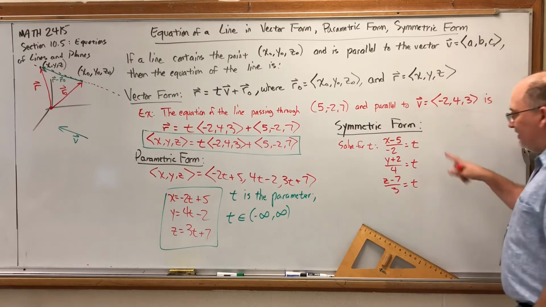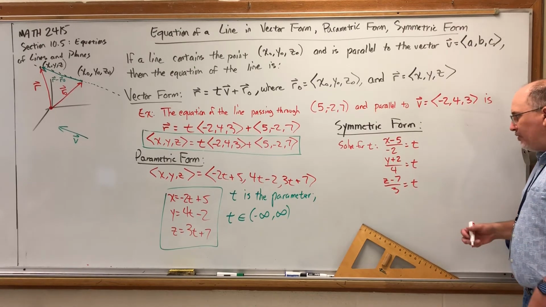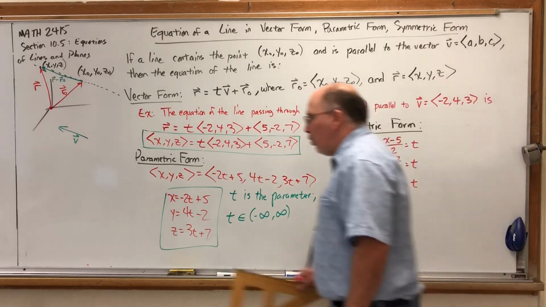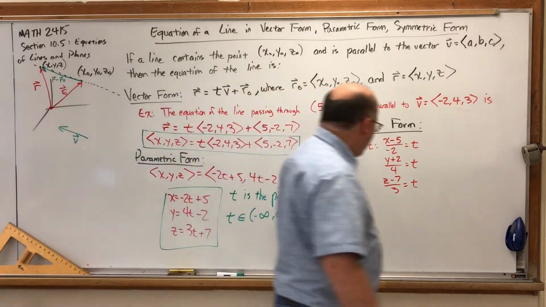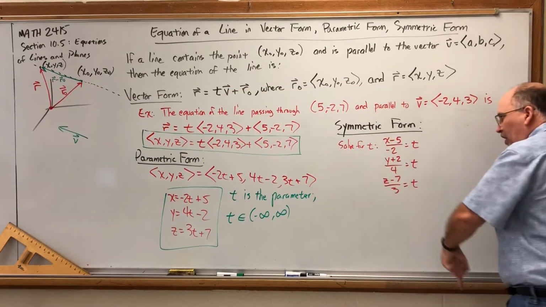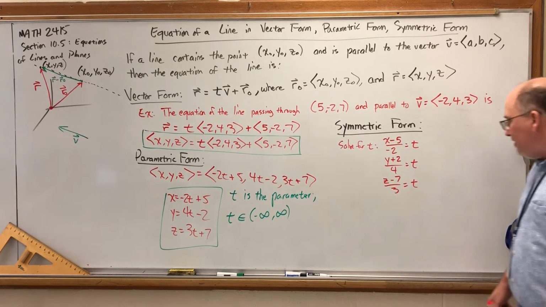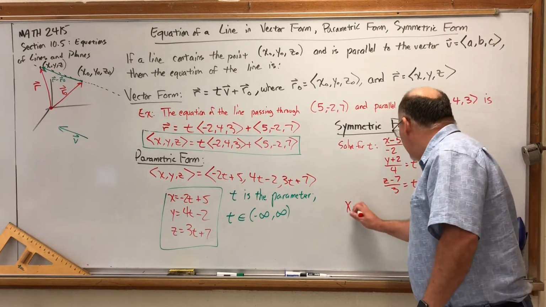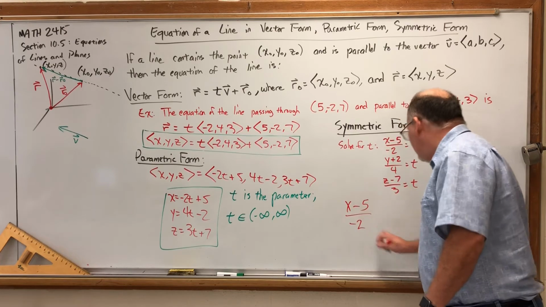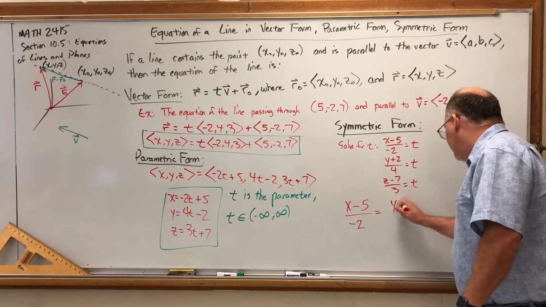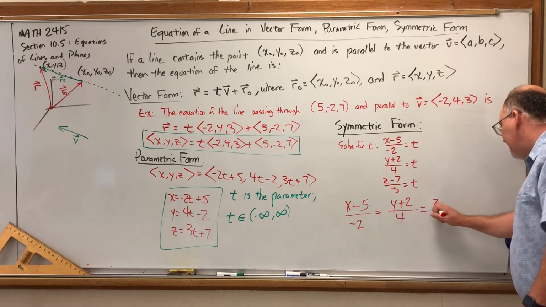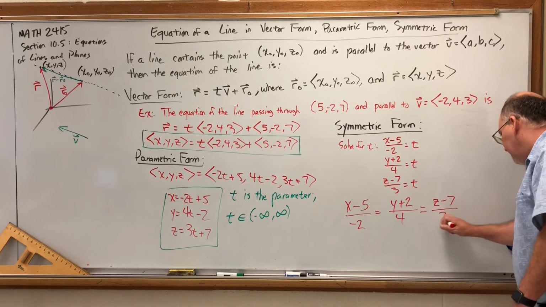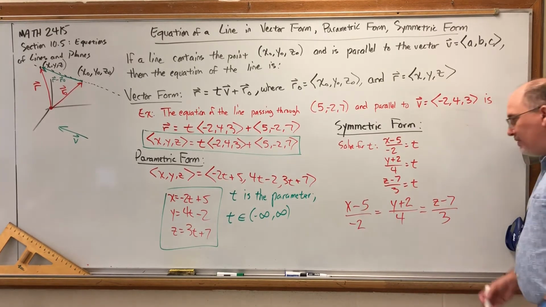Now this technically is still in parametric form because I have 3 parametric equations. But what symmetric form is where you set all 3 of these equal to each other because they all equal t. So you would say (x minus 5) over negative 2 is equal to (y plus 2) over 4, which at the same time is equal to (z minus 7) over 3.